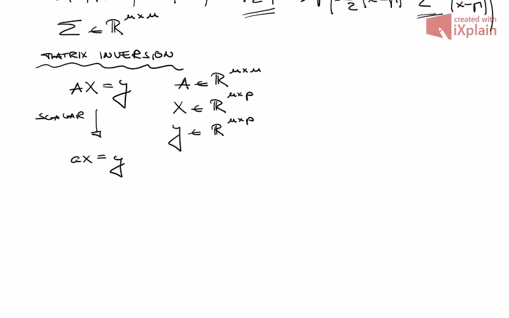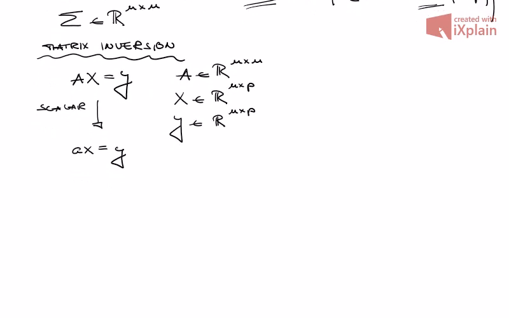So think of this as an equation where a and y are known, but x is unknown. And then you remember from school how you would solve something like that. So what would you do to get to the x?